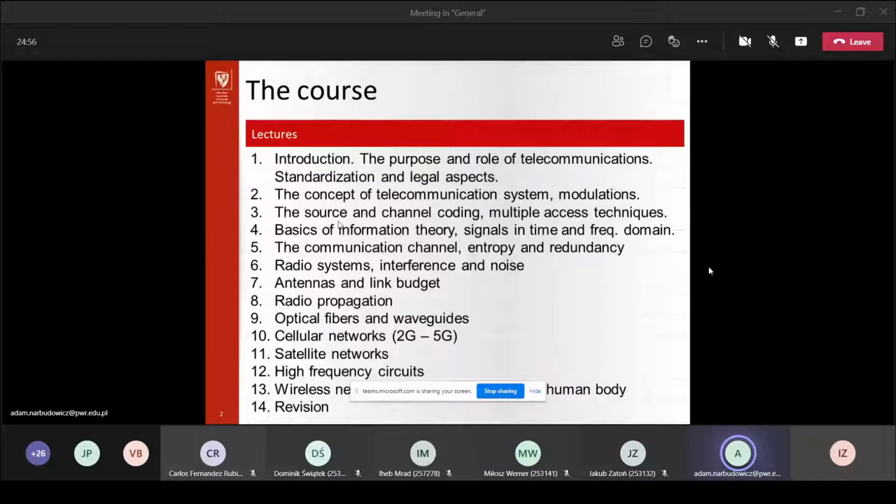And the last lecture would be on wireless networks. I also wanted to talk a little bit about radio signals in proximity of the human body. This is motivated by the fact that recently there was quite a lot of fake news about 5G, I don't know, spreading coronavirus, whatever.